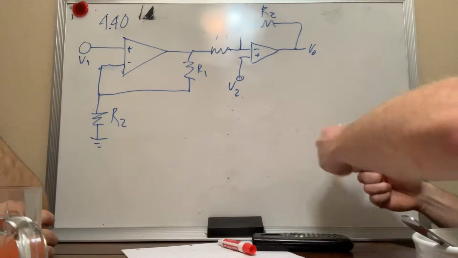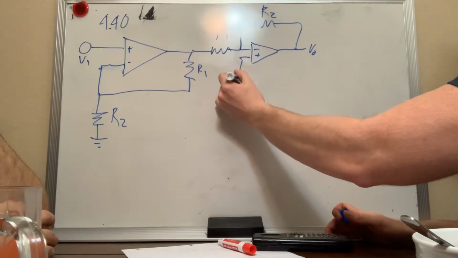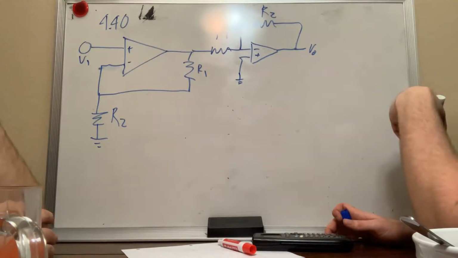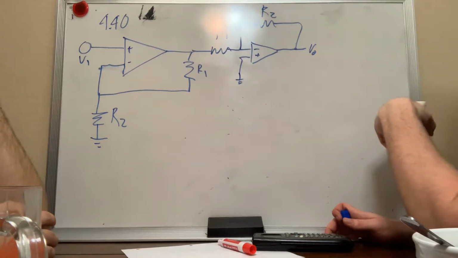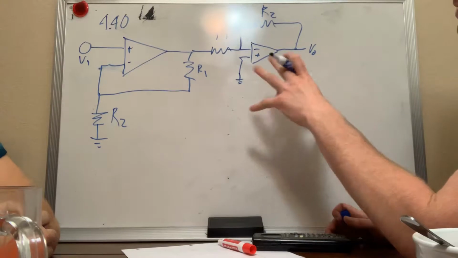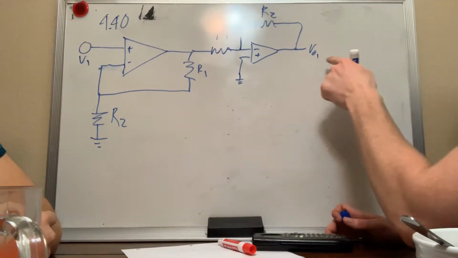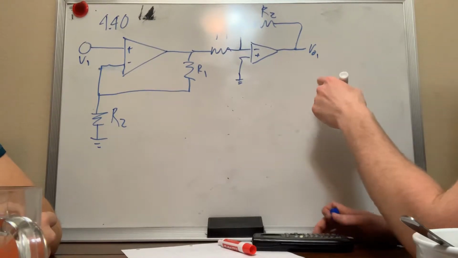So let's start here. V2 goes away just temporarily, and we're gonna short it to ground because it's a voltage, right? Remember, if it were a current source, we would open it, and it would just be a broken circuit there. We're gonna call this Vout1 to remind ourselves that it's a temporary output.